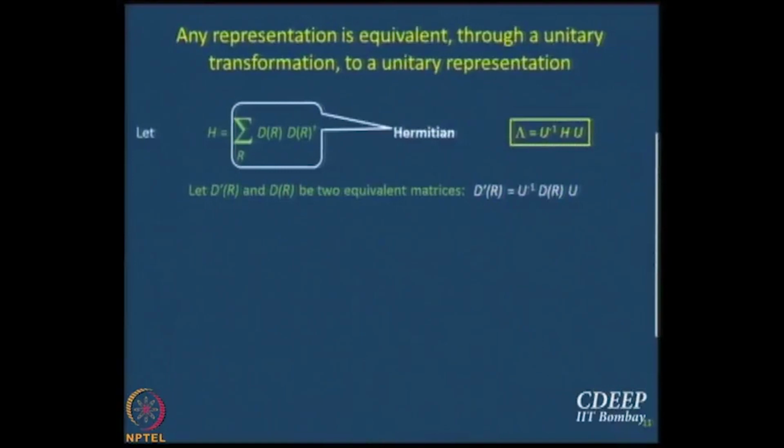And if you notice, we are performing the similarity transformation with a particular unitary matrix. Which matrix is that? It is the matrix of the eigenvalues of H. Eigenvectors, not eigenvalues, sorry. It is the matrix of eigenvectors of the H matrix. Okay. What is H matrix? This is how you get H matrix. So, see, everything is correlated.